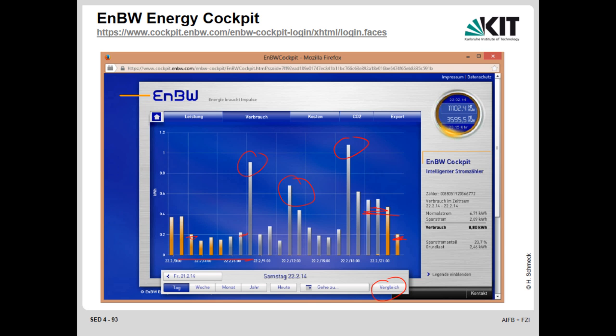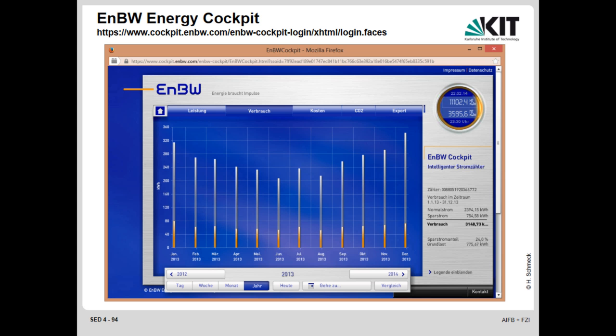And there's the website for that. Certainly, since you don't have a login, you will not get detailed information, but this can be used. Here it's showing the annual energy consumption. EnBW has two different price levels that they display here, night and day tariff. Night tariff is indicated in yellow, day tariff in gray.